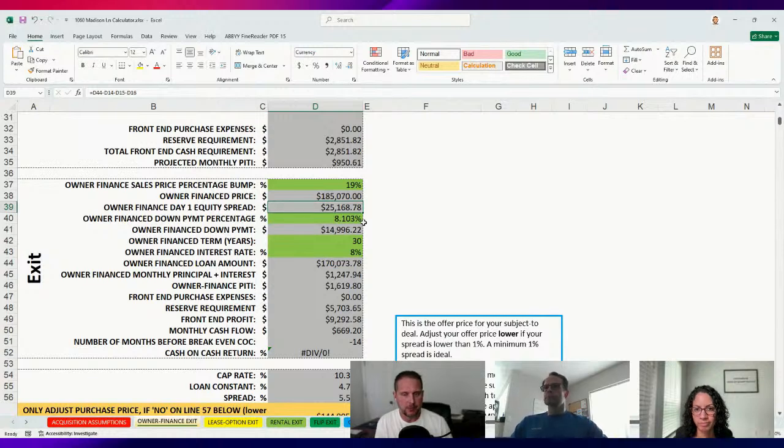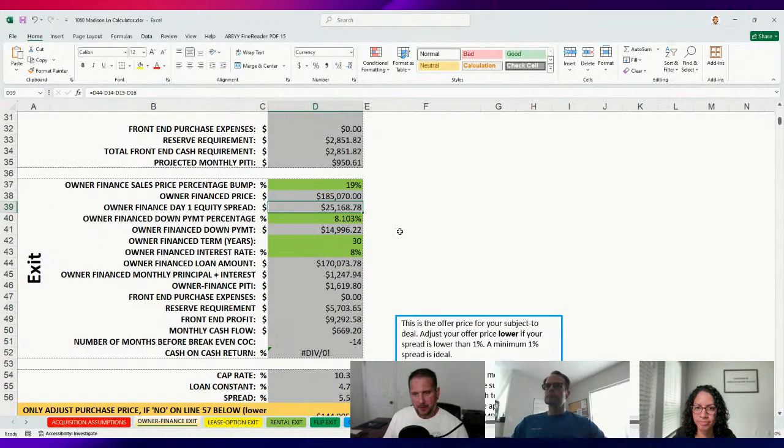So we have a little bit of cushion in here for our liking. It feels good to know that, number one, you have a little bit of insurance in this deal, and you're not always riding that line of having zero equity in the deal.